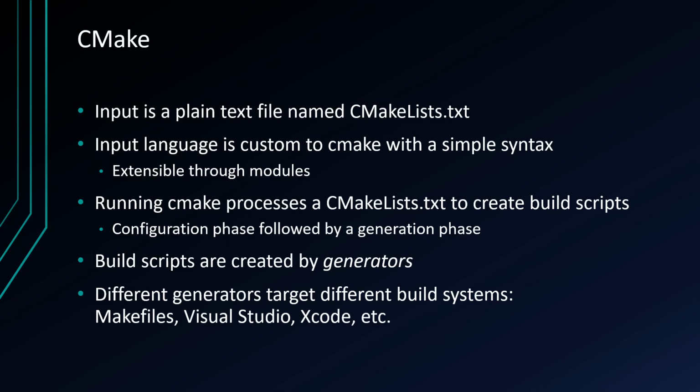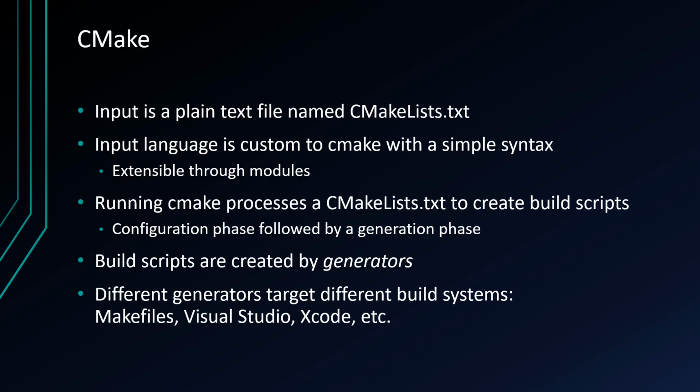And you run CMake on a CMakeLists.txt to create build scripts that are created using a generator. So there's a configuration phase where the system is probed to find out things that the build script will need, like the location of the C compiler or the C++ compiler, for instance. And then there's a generation phase where the build scripts are generated.